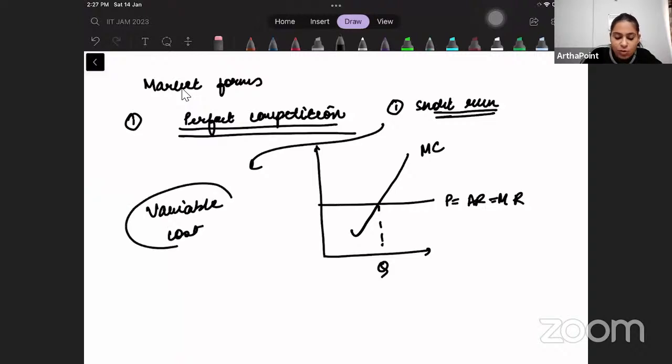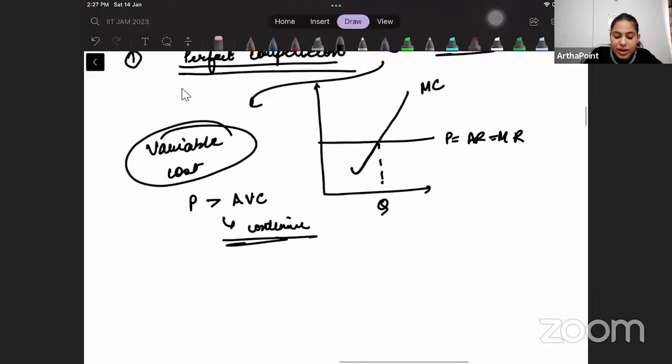So if you ask me, when will I shut down in short run? I will if my price is not able to cover my variable cost. If my price is able to cover my variable cost, I will continue in short run. But in long run, I want my price to cover the average total cost.